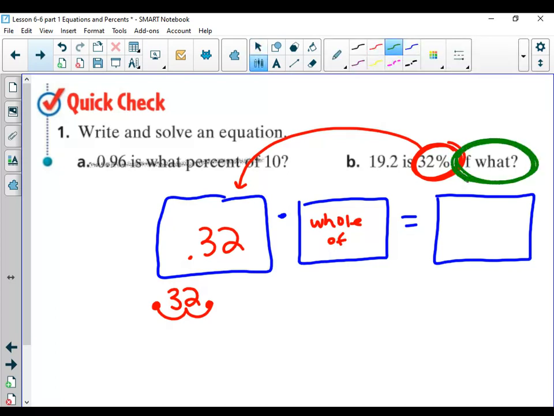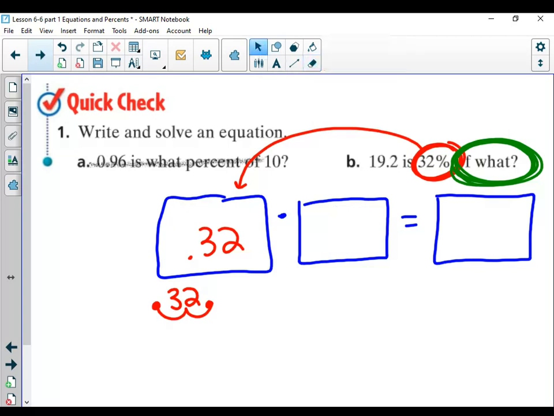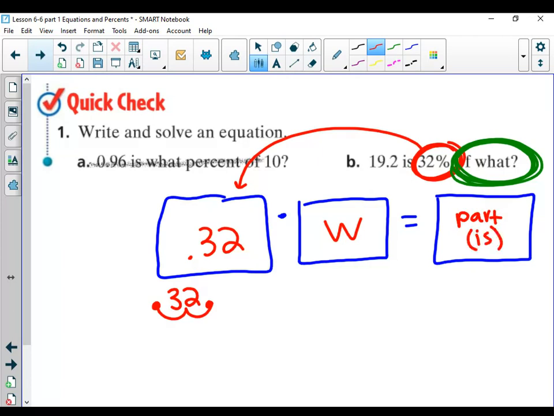Of what? Seems like there's going to be a variable there. Last box, part, which is the is, 19.2.